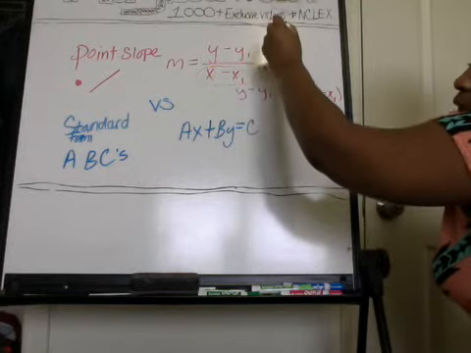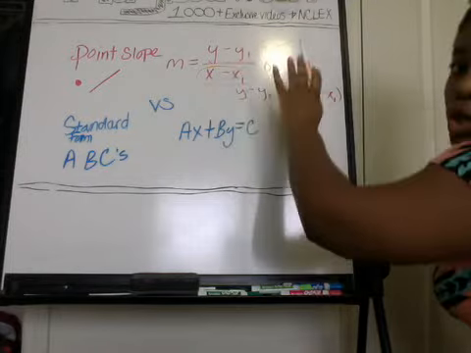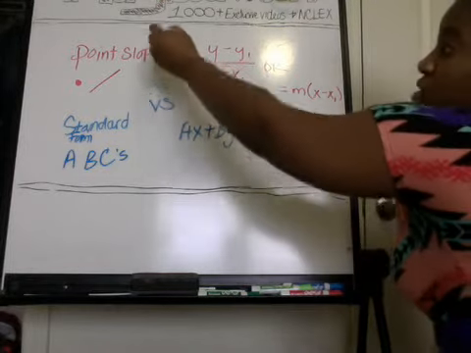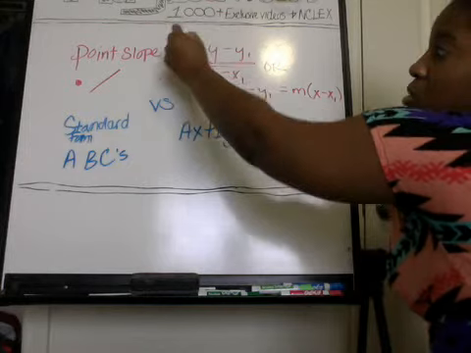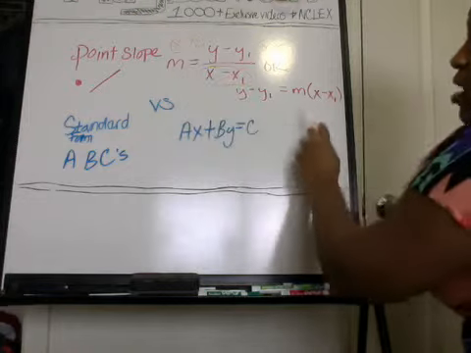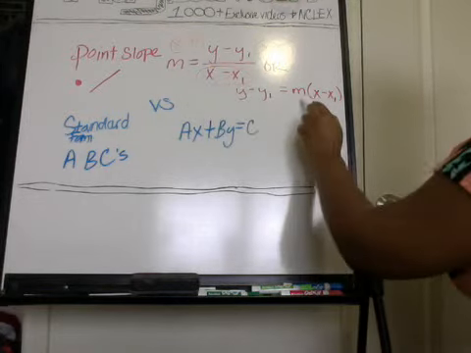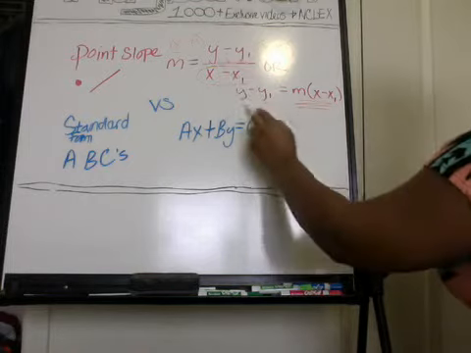So x minus x1, right? I canceled out, and what you do on one side, you got to do to the other. So x minus x1, oh, look at that, m times x. So I just redirected that and put it over here. And then you have this right here, okay?